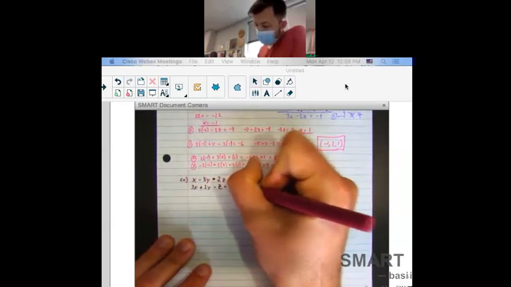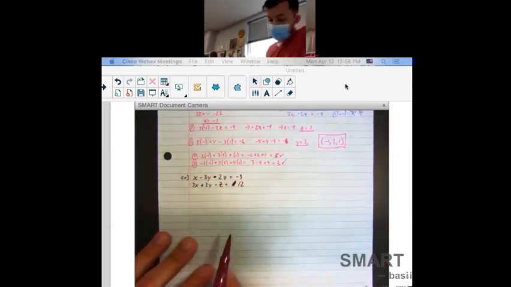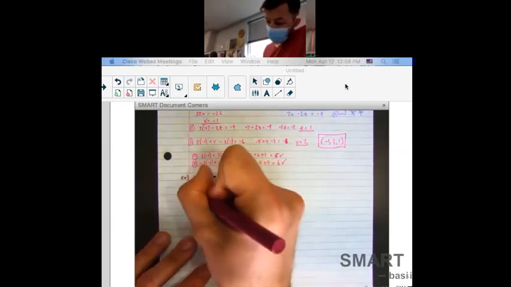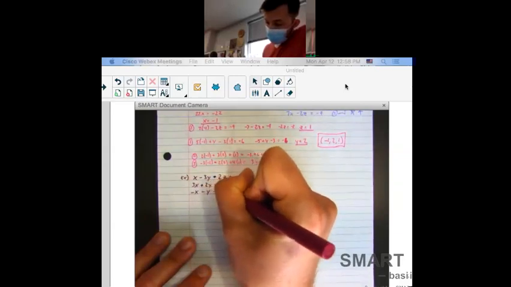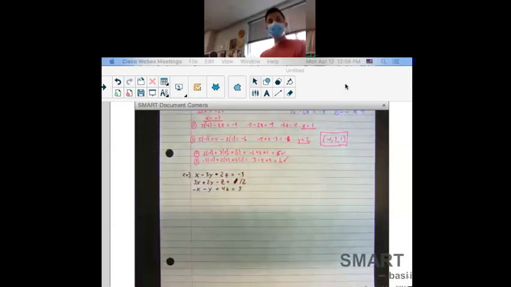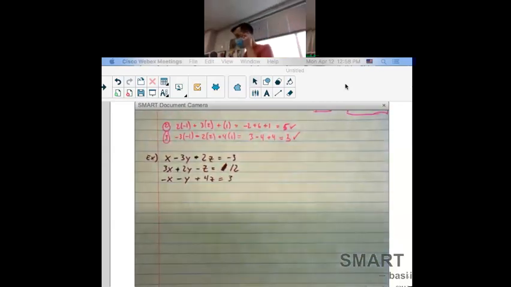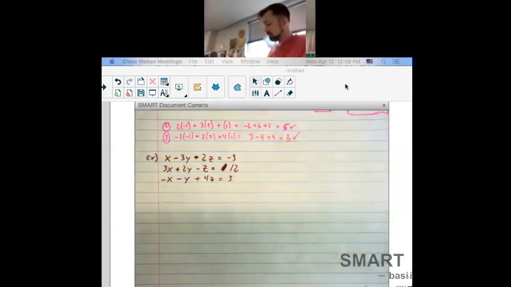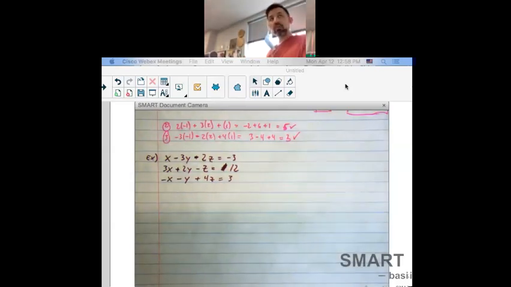Okay. 3x plus 2y minus z is 12. And negative x minus y plus 4z. So we need to find a way to eliminate one of the variables twice.